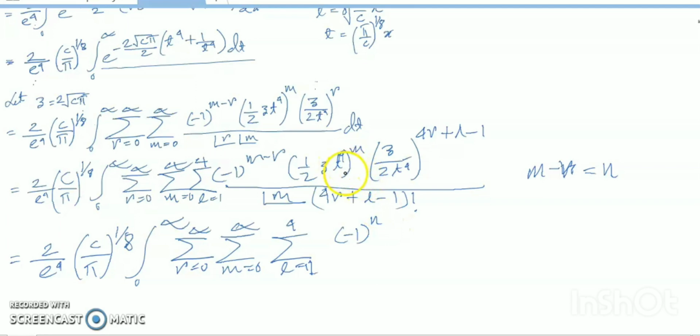After the resolutions, whatever I get is half of z to the power n plus 4r plus l minus 1, z to the power 5r into t to the power 4n minus l plus 1.